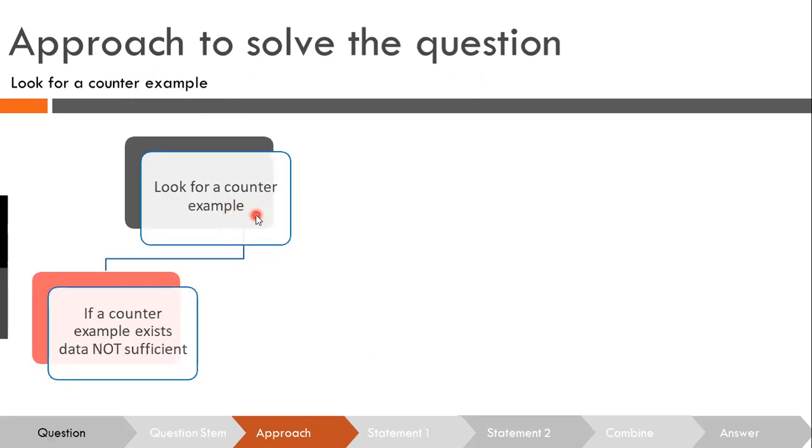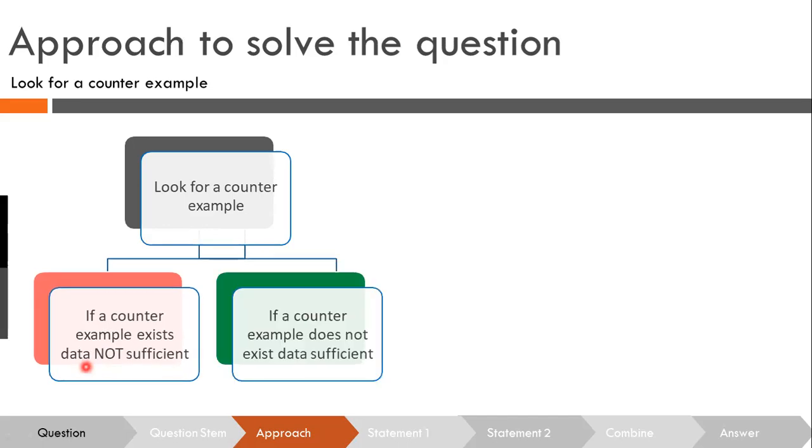Look for a counterexample: if a counterexample exists, data is not sufficient. Another example does not give the answer, because examples are not the exact solution. These are just samples. So we are still looking for the right approach.